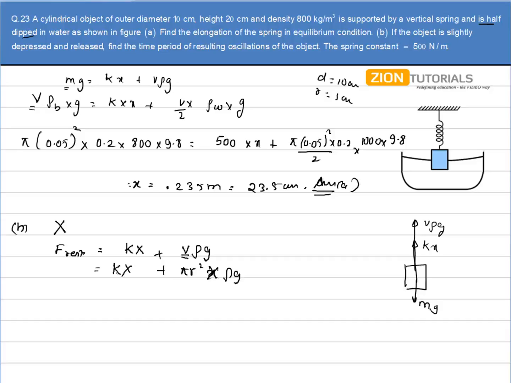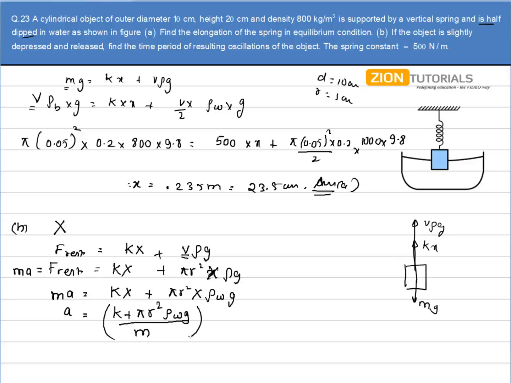So this restoring force can be written as mass into acceleration. So mass into acceleration is equal to K into capital X plus pi r square capital X into rho of water into g. So acceleration can be written as K plus pi r square into rho of water into g, divided by M, into X.